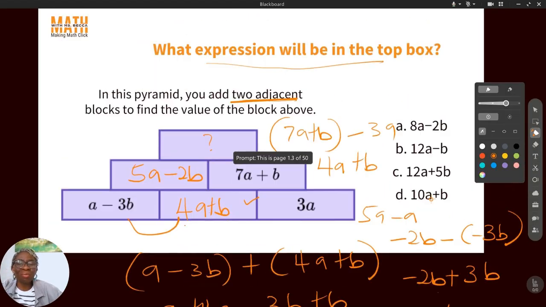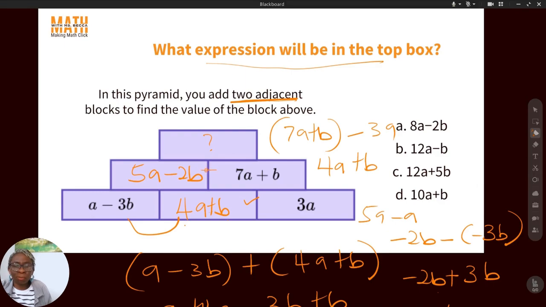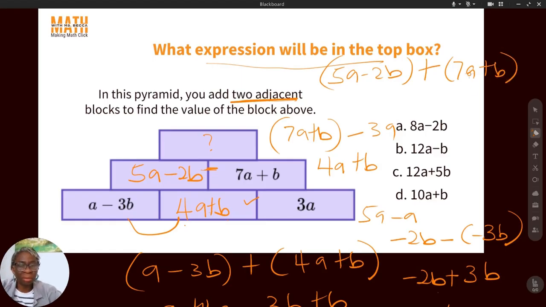So now let's move to the top. The last one, which is what we are supposed to look for. We are to add these two. That means we are to say 5a minus 2b, then plus 7a plus b. So now let's put them together.